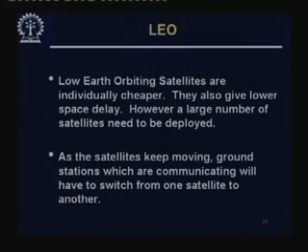Low Earth orbiting satellites are individually cheaper, and they also give lower space delay, because you are that much nearer. However, a large number of satellites need to be deployed. As the satellites keep moving, ground stations which are communicating will have to switch from one satellite to another. This is what I was talking about. So, once again quick handoffs will be required.